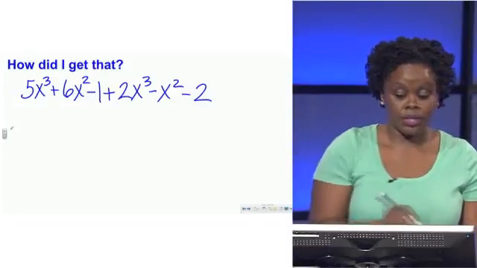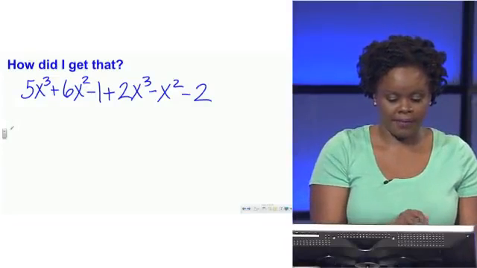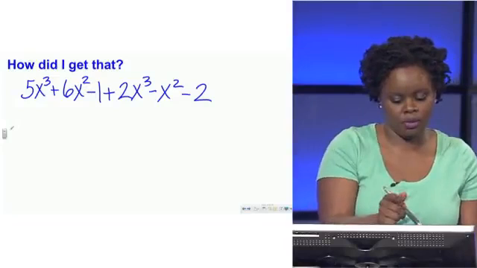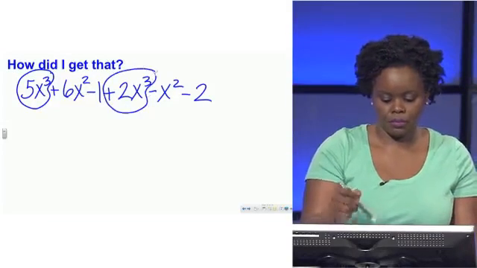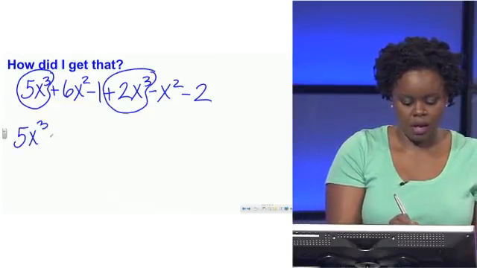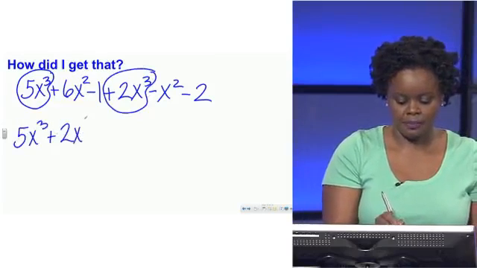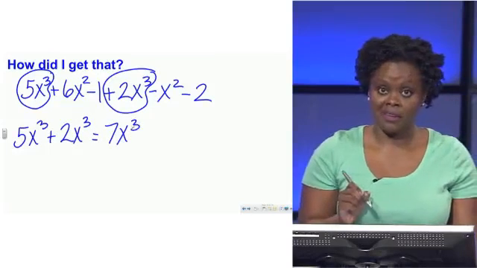And move this up. Okay, let's start combining. I know I want my answer in standard form, so I'm going to look for the largest exponent first. I see I have 5x cubed, 2x cubed, so I can combine those. Okay, so 5x cubed plus 2x cubed, that's 7x cubed, right?